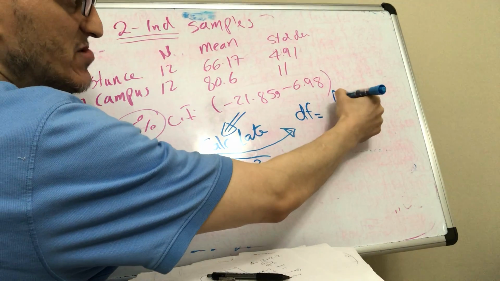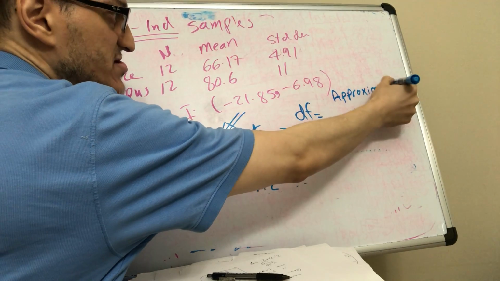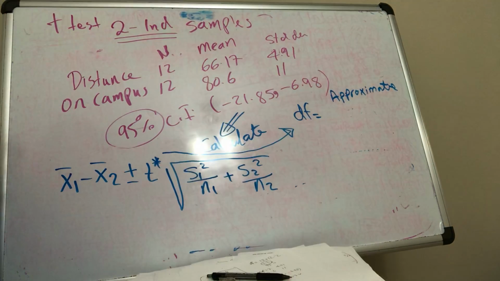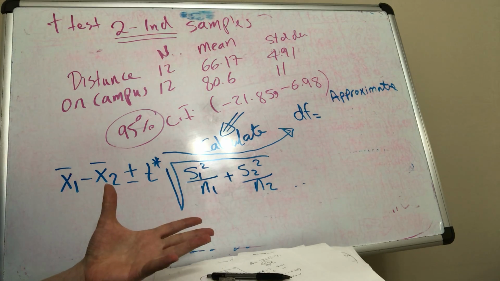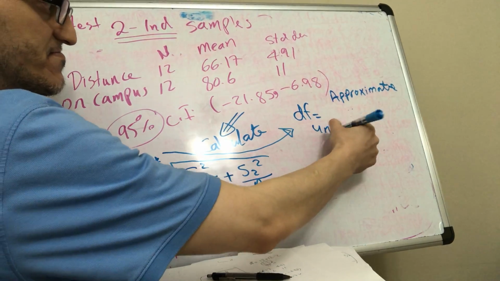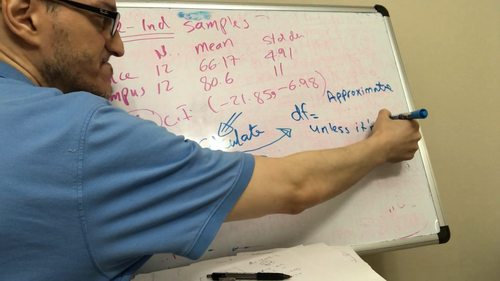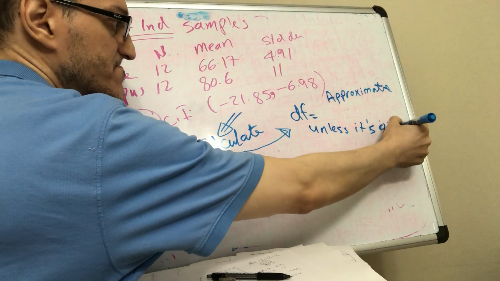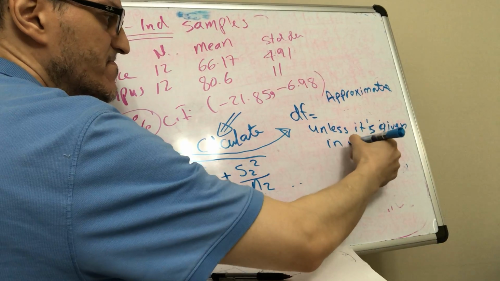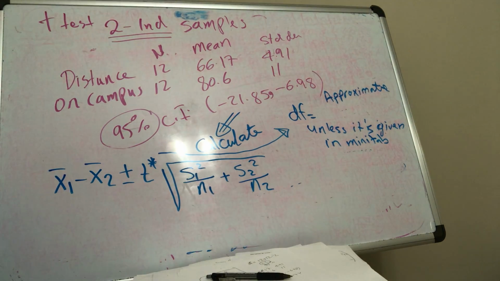Now in the exam, you can't really do the degrees of freedom exactly, so you're going to approximate it, unless it's given in Minitab. So in this question, it wasn't given in Minitab.